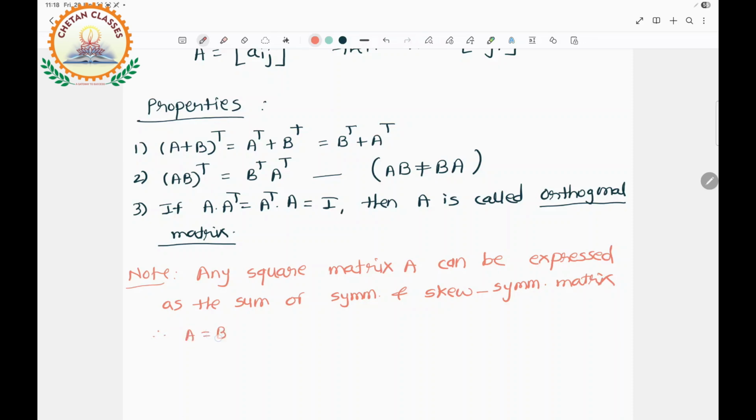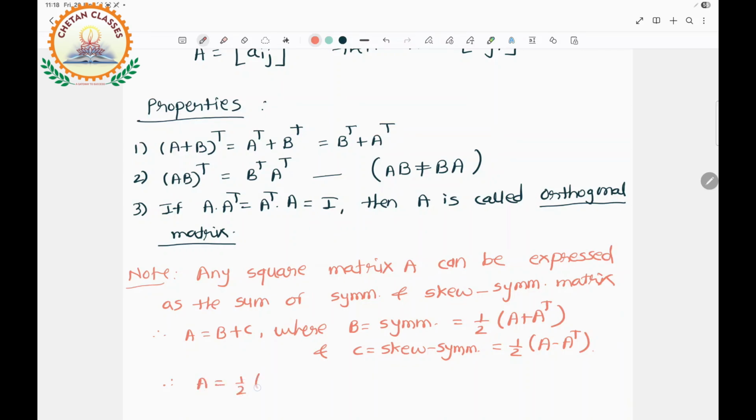Therefore, A is equal to B plus C, where B is equal to symmetric matrix and this value is 1 by 2 into A plus A transpose, and C is equal to skew symmetric matrix, which is equal to half into A minus A transpose. So therefore we write A as half into A plus A transpose plus half into A minus A transpose.